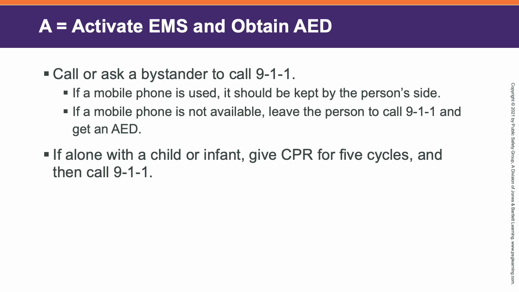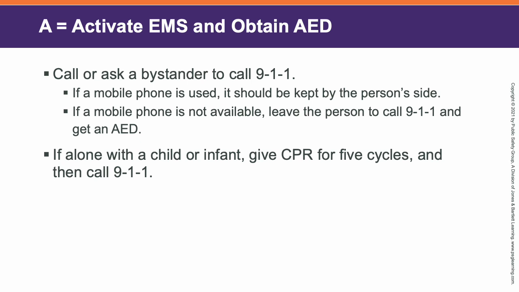Now, for children and infants, this is different, and we're going to talk a little bit about this when we talk about infants as well. With a child or an infant, the most common cause of cardiac arrest is an uncorrected respiratory issue, which means they're most likely choking on something.